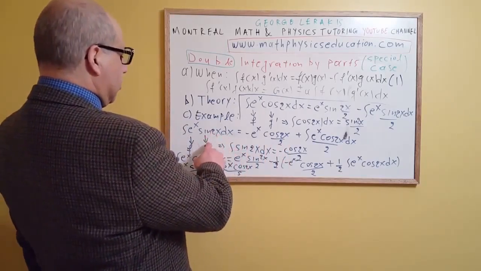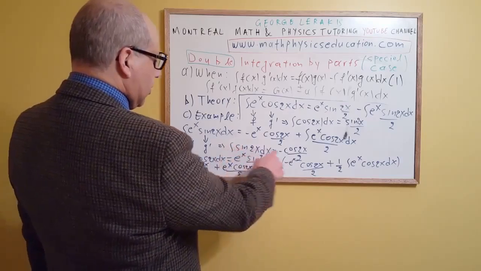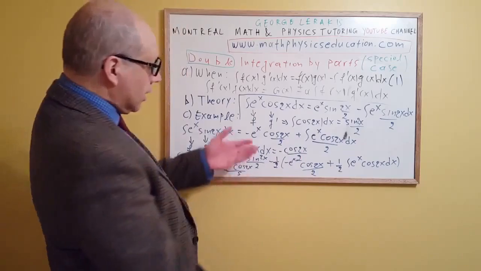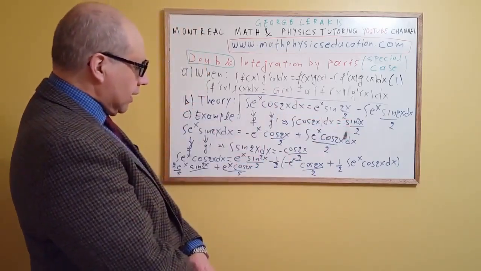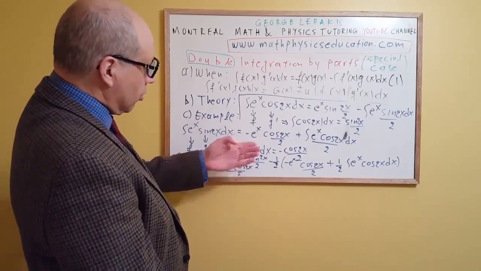Now since the g prime of x we said is sine 2x, the integral of this is equal to minus cos 2x over 2, and that's again a very easy integral to calculate. It's just by substitution. You substitute u equal to 2x.